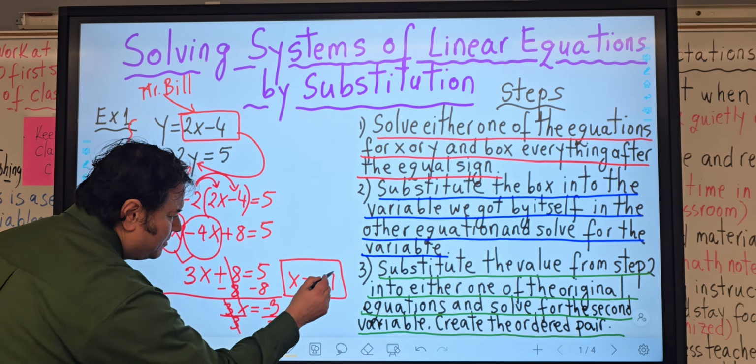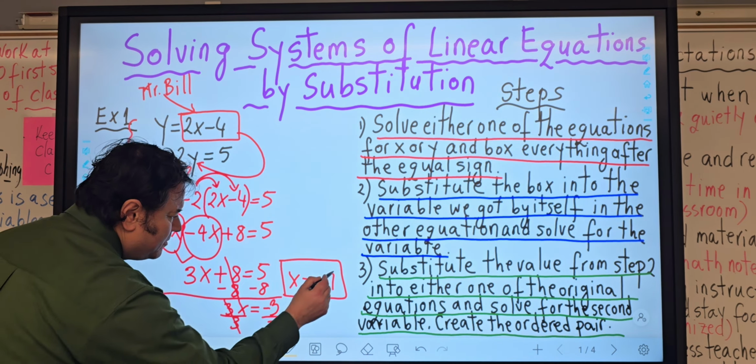Negative 2 minus 4. So finally we get y equals negative 2 combined with negative 4 becomes negative 6. So y is negative 6. So we got the x and we got the y. Now we can say we have the final answer, negative 1, negative 6.